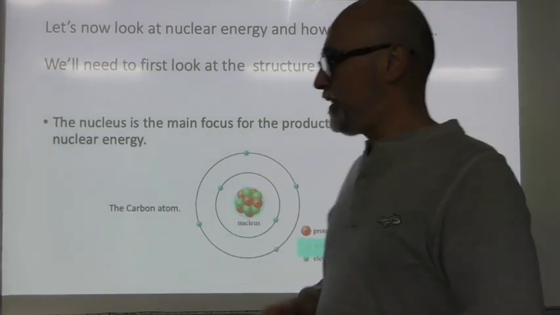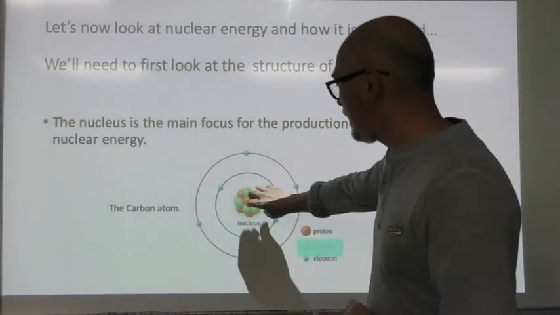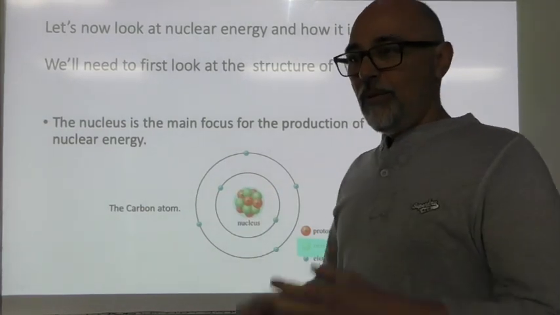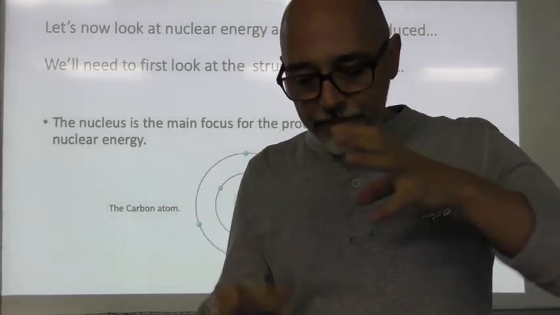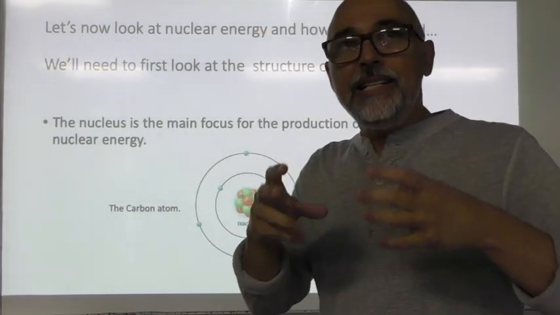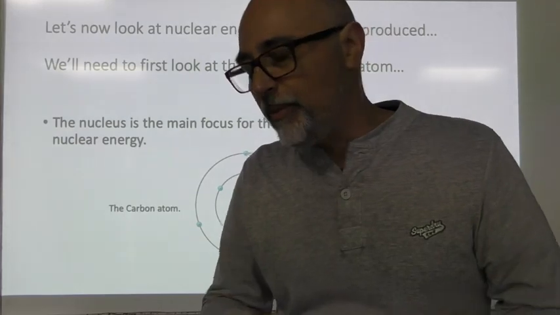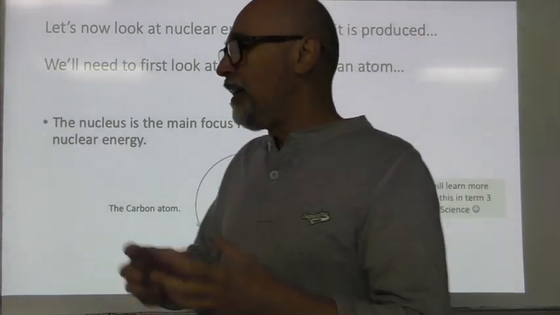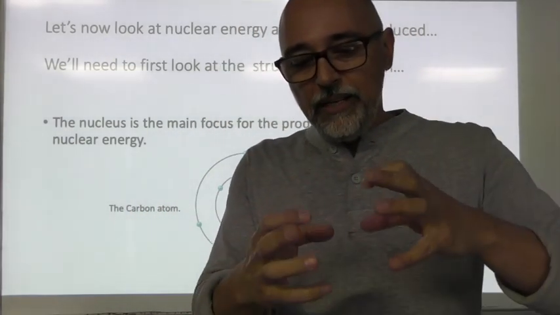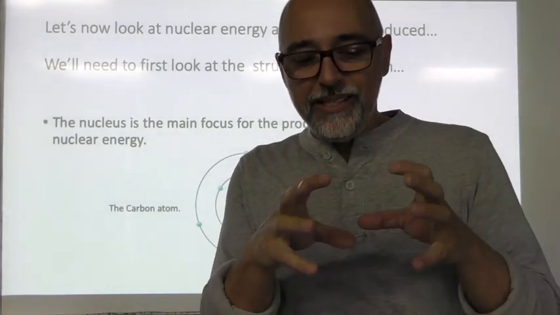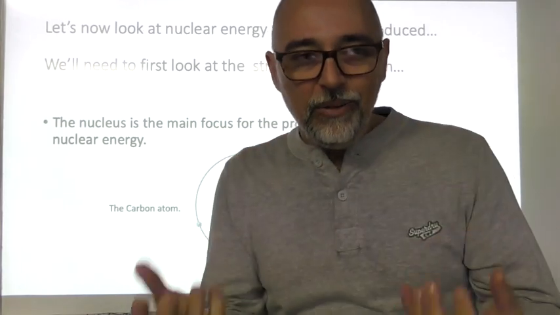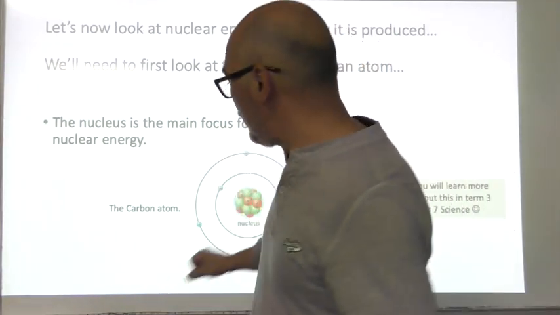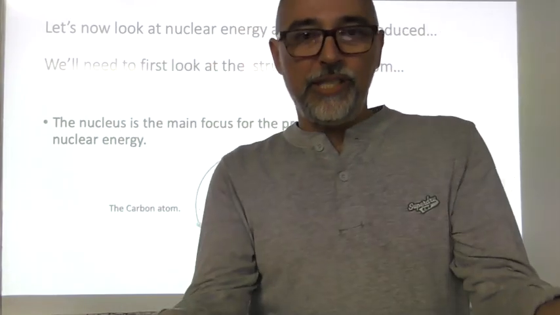So if you get yourself some atoms that have lots and lots of parts in the middle, those atoms, I like to call them nice big juicy atoms, what happens is they struggle to hold themselves together. And once they get past a certain size, the forces that we have in nature that hold them together sometimes fail and allow some random nucleus to break into two separate bunches.